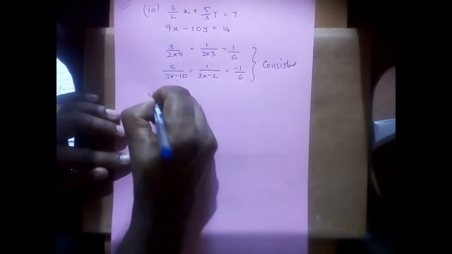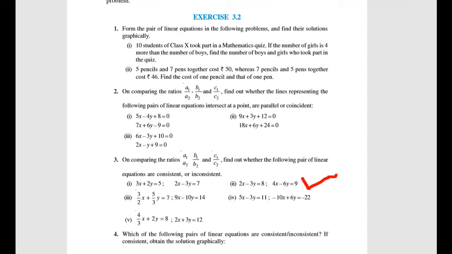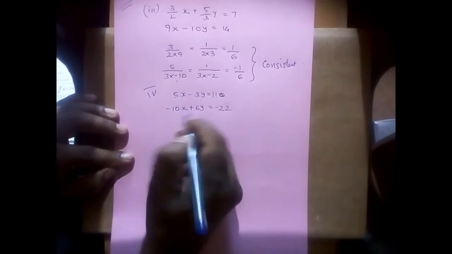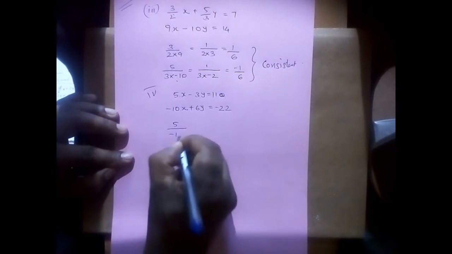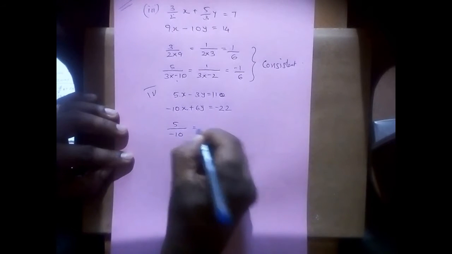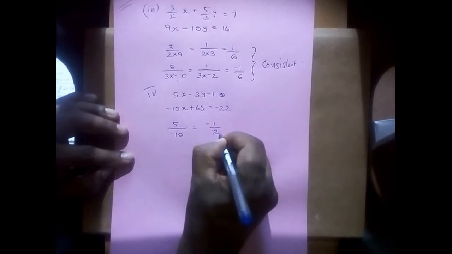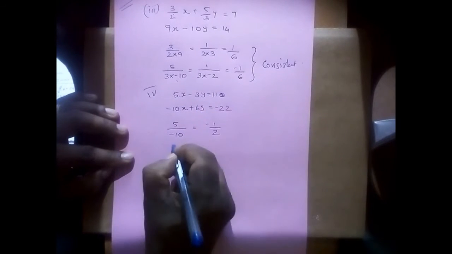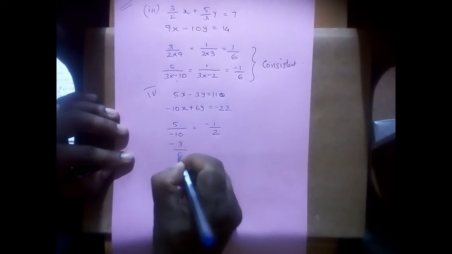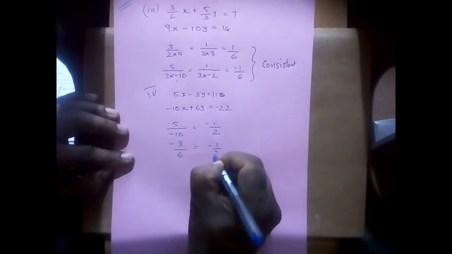Now fourth question, 5x minus 3y equal to 11, minus 10x plus 6y equal to minus 22. A1 by A2 is equal to 5 divided by minus 10, that is minus 1 by 2. B1 by B2 is equal to minus 3 divided by 6, that is again minus 1 by 2.